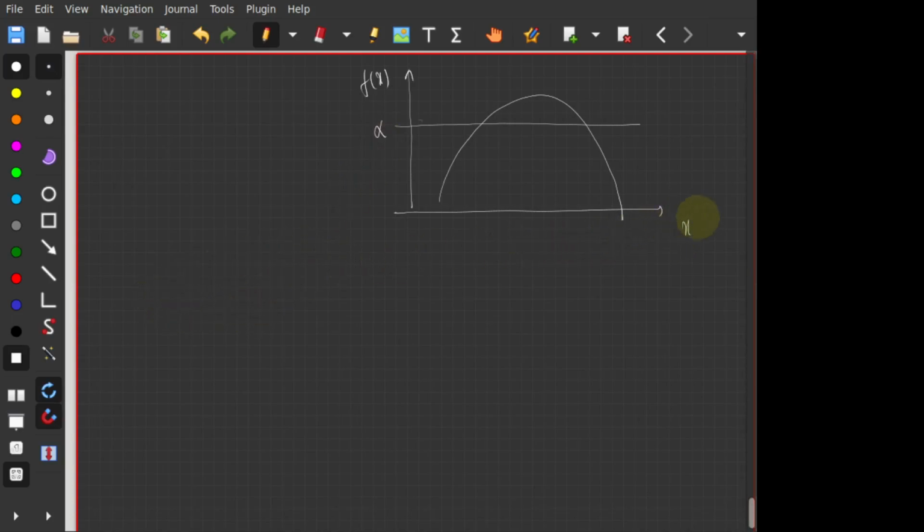I'm looking at the set of all x for which f of x is greater than or equal to alpha, which basically corresponds to this interval over here, right? So this is the set of all x for which f of x is greater than or equal to alpha. The set of all x for which f of x is less than or equal to alpha would be the complement of this set. No, it's not the points situated in the region. It's along the x-axis.